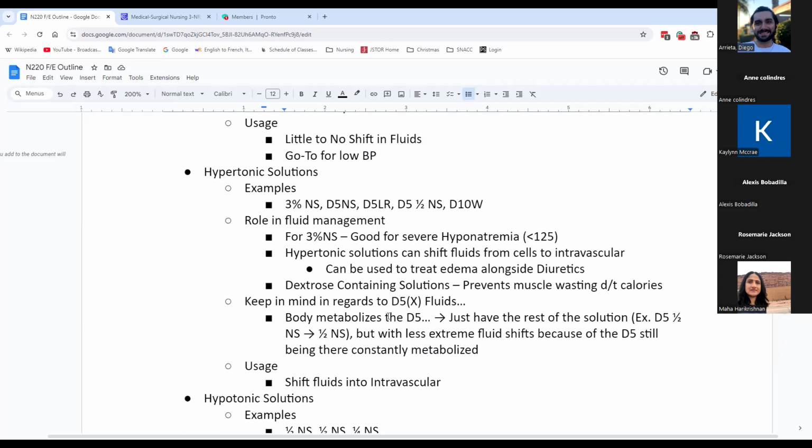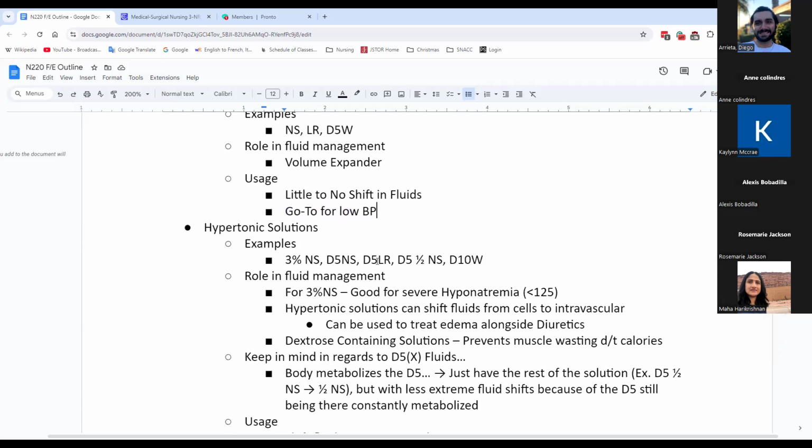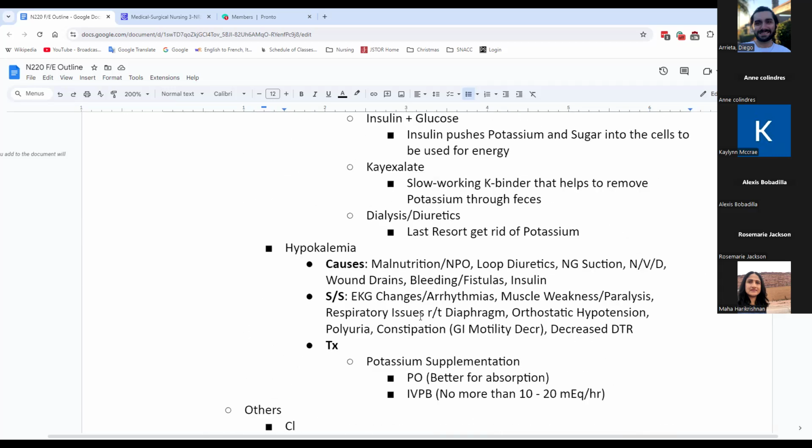So if you see a question on your exams that's like, oh, dude, he's bleeding out, he's in shock, are we giving him isotonic or are we giving him hypertonic? You think, oh, hypertonic moves things to the bloodstream where we want it, but just remember the fluid shifts cause not just the fluids to move around, but also changes in your electrolyte concentration, and that can cause a lot of problems as we mentioned here, right?